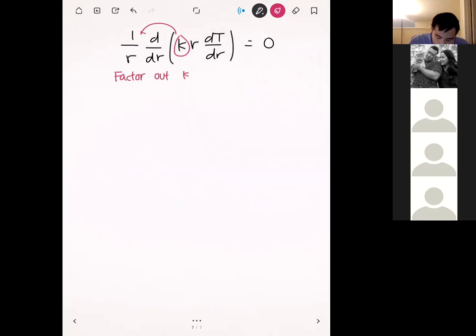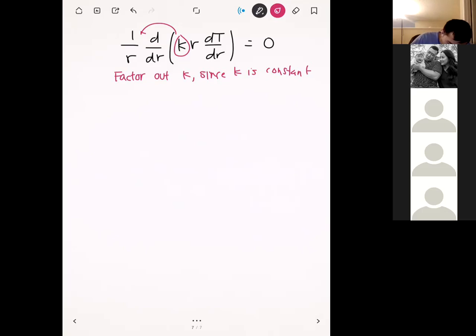The reason we can do that is because K is just a constant. Since K is a constant, taking the derivative of it doesn't do anything, so we can just pull it out of the derivative for simplicity.